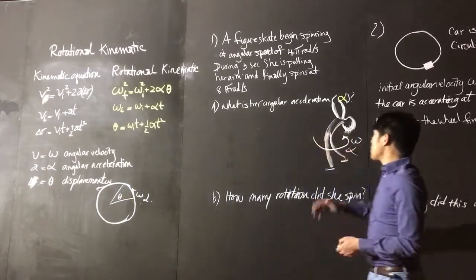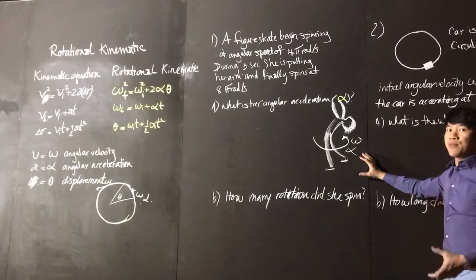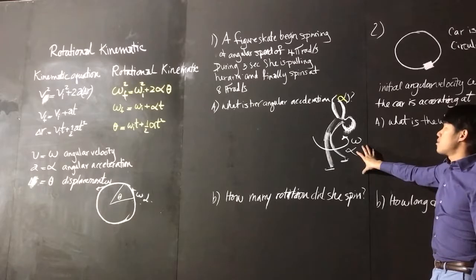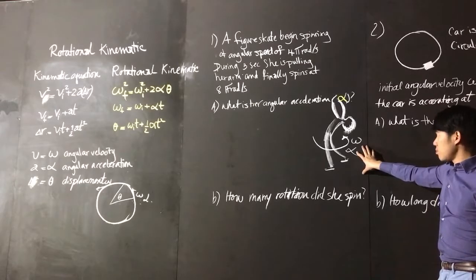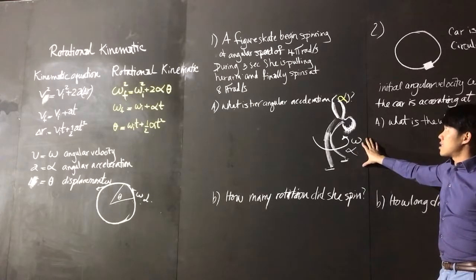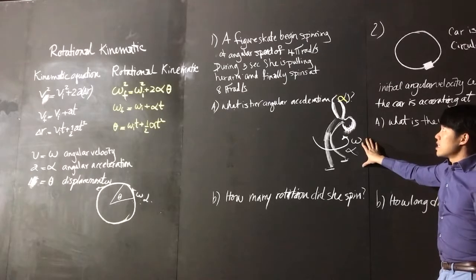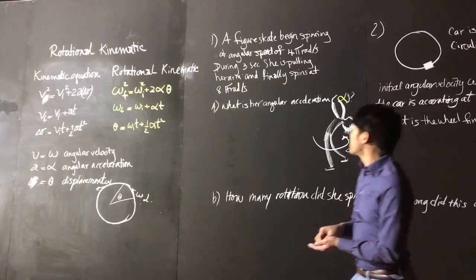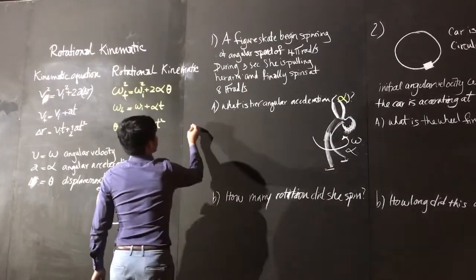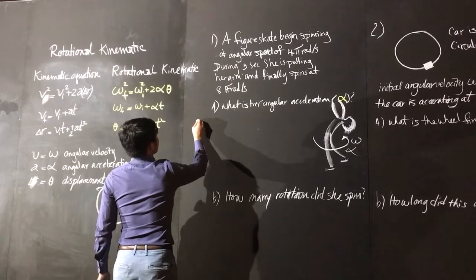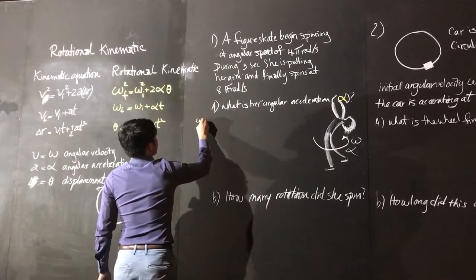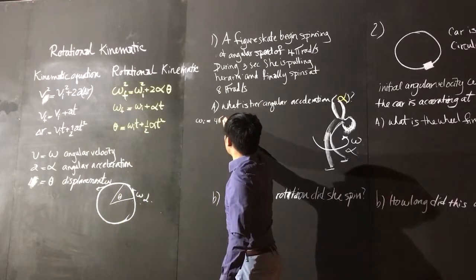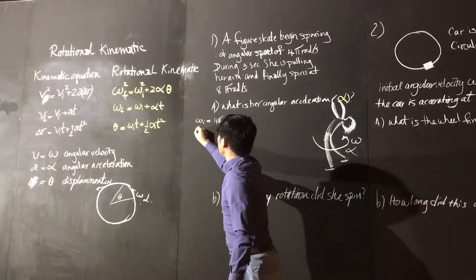So let's get back over here and utilize the concept we just mentioned, the three different equations, to figure out what the problem is looking for. A figure skater begins spinning at an angular speed of 4 pi radians per second.